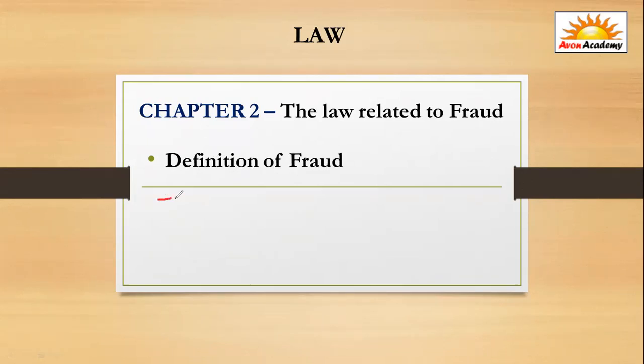Okay. So the first thing that you have to understand is that fraud is a misrepresentation, but it is done knowingly. That means the person you're dealing with has done the misrepresentation knowingly, that the information is not true. You understood?